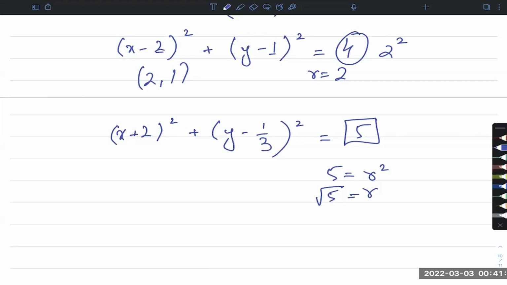It can't be negative because radius is length, length is never negative. Similarly, my center is going to be, what is it? Think about it. What's my center? Minus 2, 1 over 3. Perfect. Exactly.